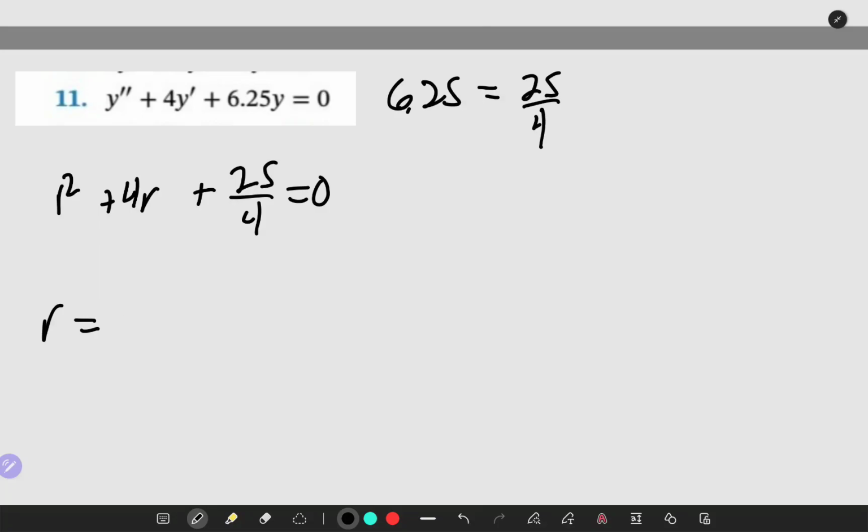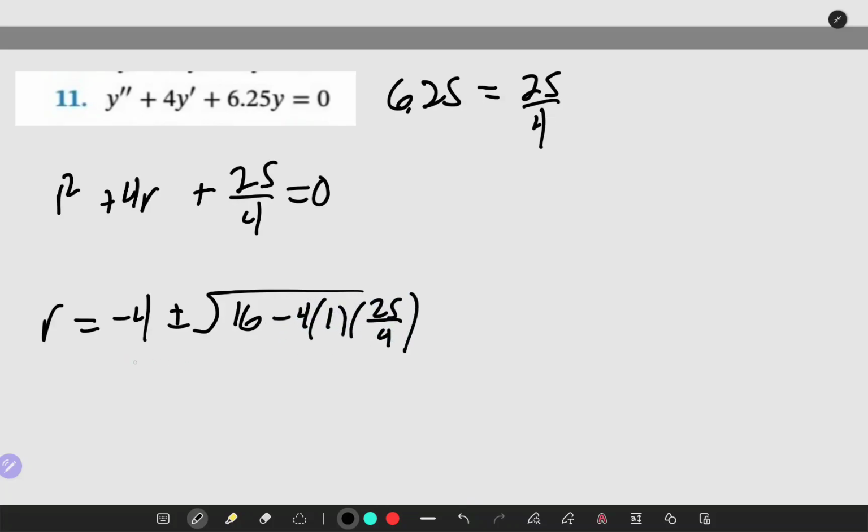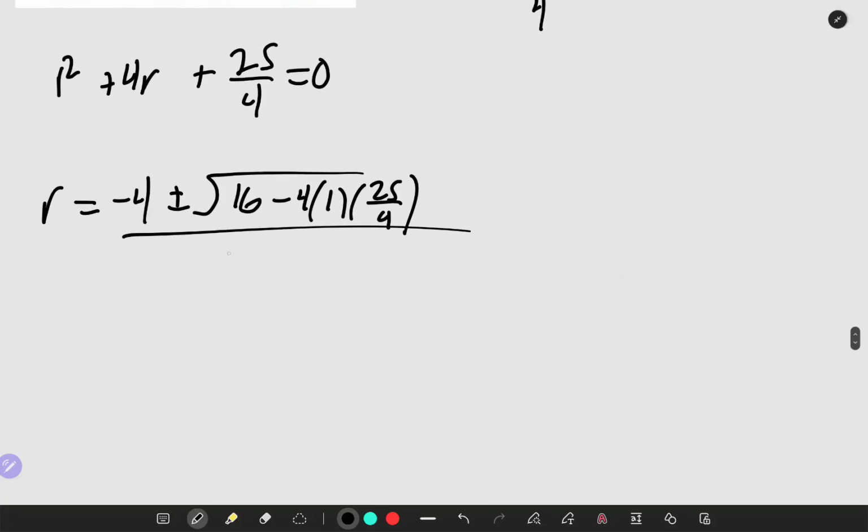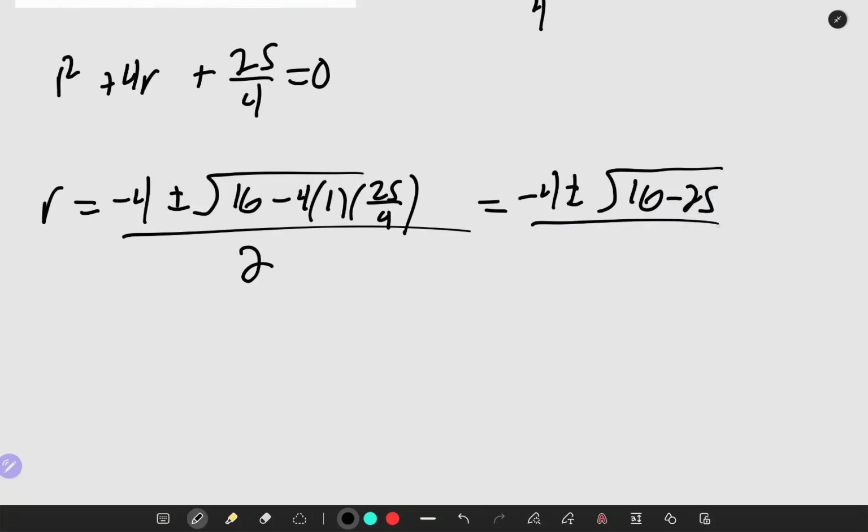So this is equal to what? Negative b, squared. See what I mean? Those 4s are going to cancel over 2 times 1, which is just 2. This becomes negative 4 plus or minus, that's 16 minus 25, over 2. This would be negative 2 plus or minus the square root of, what was that, negative 9?